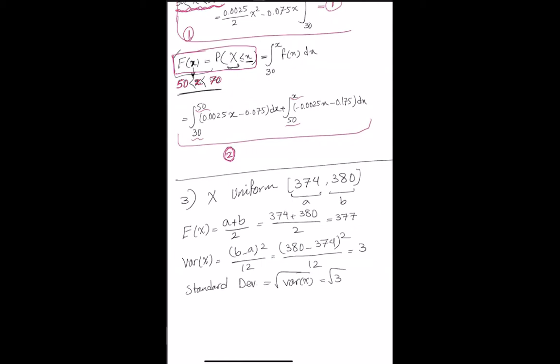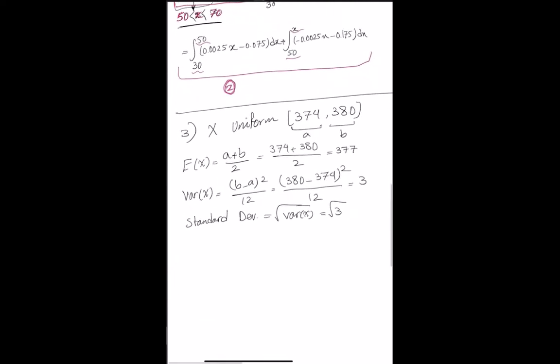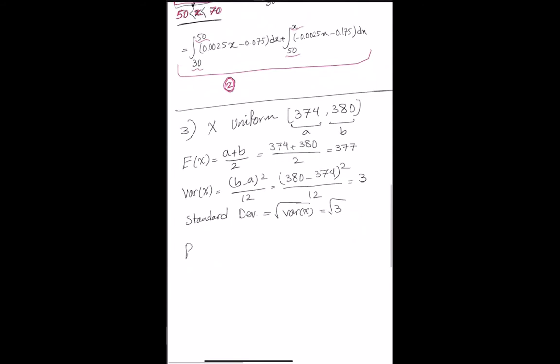What is the probability that the container is filled with less than the advertised target of 375? What is the probability that the volume of the shampoo in the container is less than the advertised target of 375?